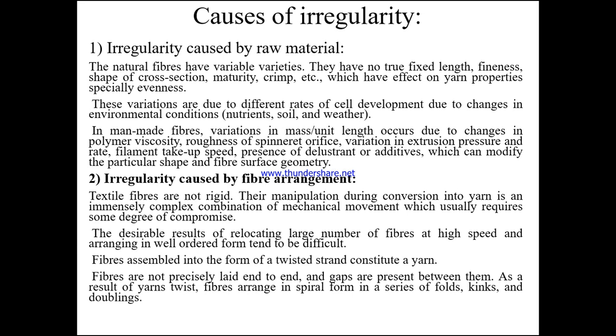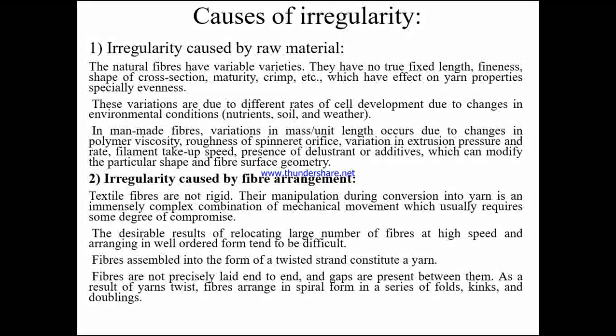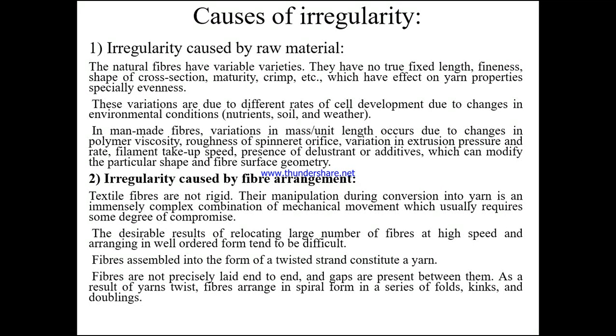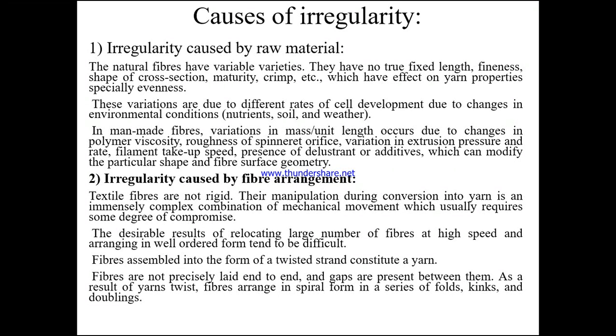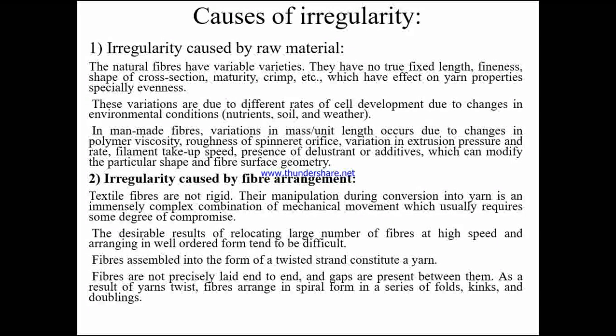In man-made fiber, variation in mass per unit length occurs due to changes in polymer viscosity. During the melt spinning or solution spinning of the man-made fiber, there may be changes in the polymer viscosity due to the changes in temperature, some other chemical ingredient. So that will be the cause of variation in the linear density.